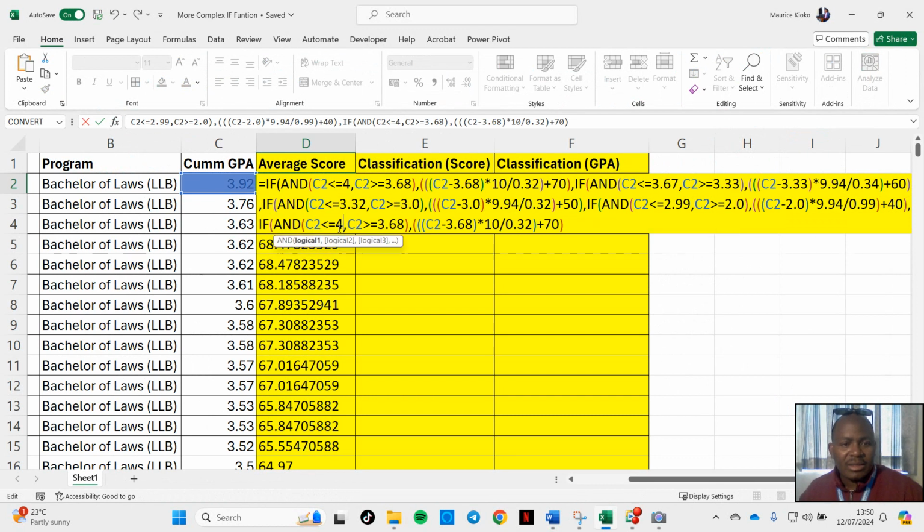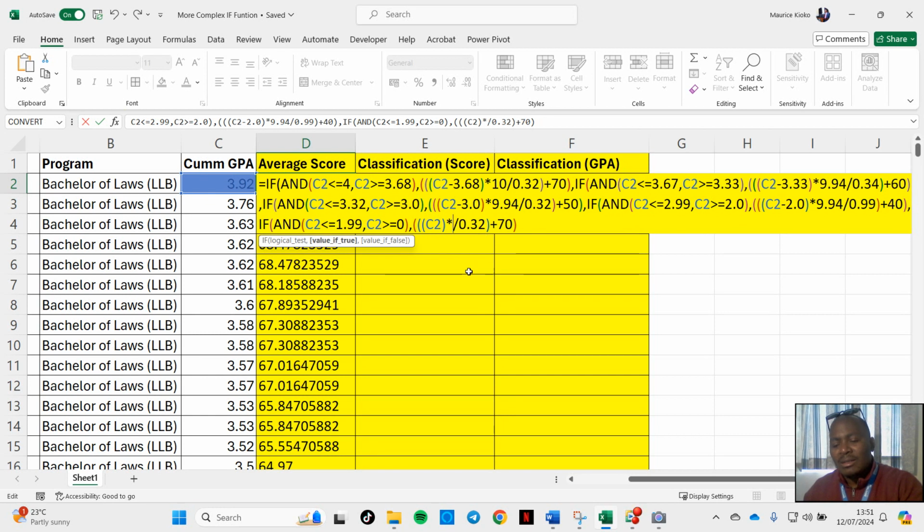The upper limit is 1.99, lower limit 0. This is the C2 minus the lower limit, obviously minus 0 is just C2. If you say C2 minus 0, it's just C2. Then you multiply by 1.